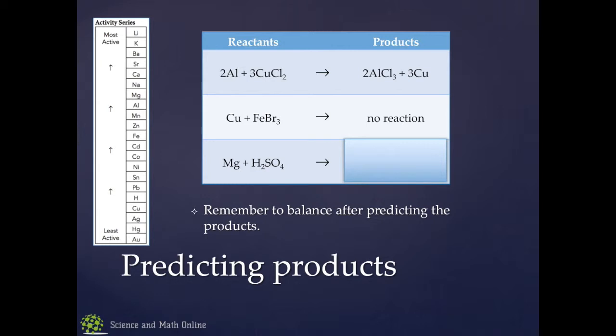And then finally, magnesium and sulfuric acid, where we're trying to replace the hydrogen. We've got magnesium, and then hydrogen's down here. So the magnesium will replace the hydrogen, and we will get that based on ionic charges once again for your formulas. So that's with metals.